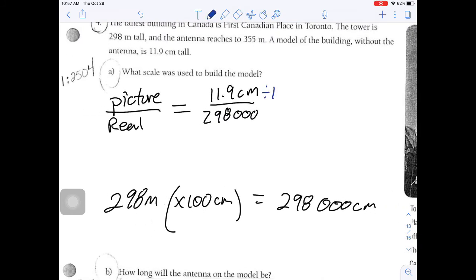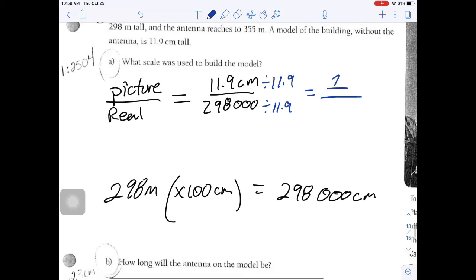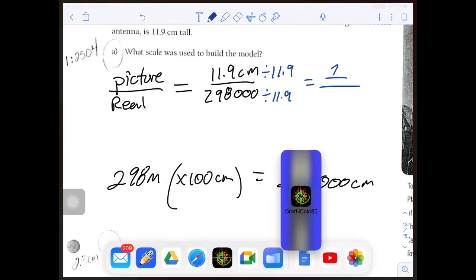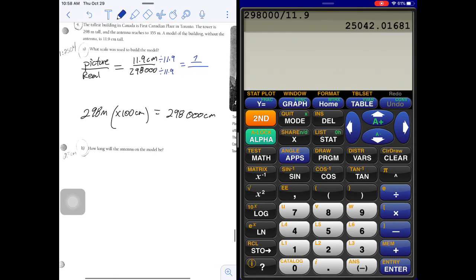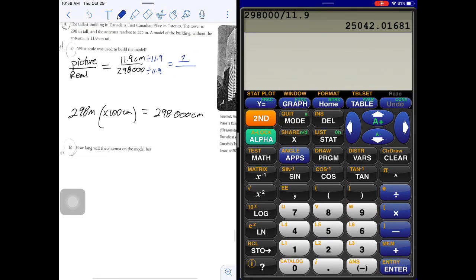Well, I'm going to divide both by the top number, because 11.9 divided by 11.9 gives me 1. 298,000 divided by 11.9, that gives me 2,000. Oh, did I add a 2? I added an extra 0 there, so it should actually just be, there we go. Thought that number looked kind of weird.